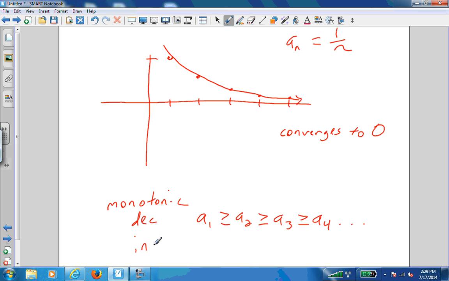A sequence that monotonically increases, the first value is smaller or equal to the second one, which is smaller than or equal to the third, which is smaller than or equal to the fourth, and so forth. So each value is either the same size or gets larger and larger and larger. So that would be monotonically increasing.